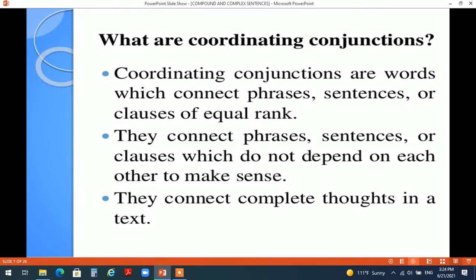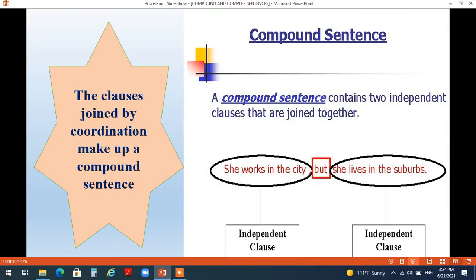They connect complete thoughts in a text. إذن راح تكون وظيفة coordinating conjunctions إنها تعمل على إيجاد نوع من الترابط ما بين الأفكار المتكاملة في داخل النص. هذه هي وظيفة coordinating conjunctions.